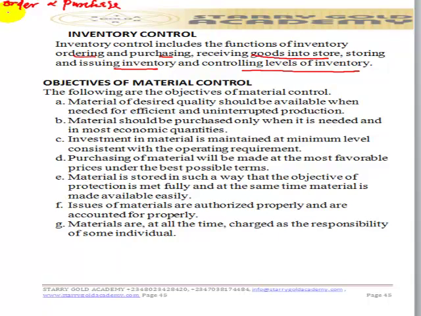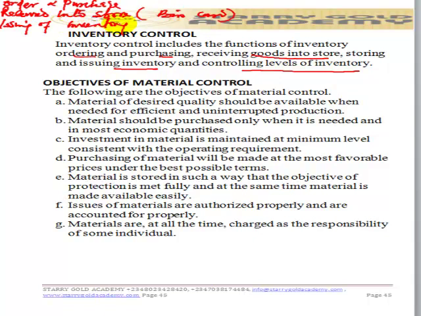Then you also have to plan how materials are received into the store. There we'll be talking about the bin card. Another thing which an organization would have to control is how materials are issued from the store to production.